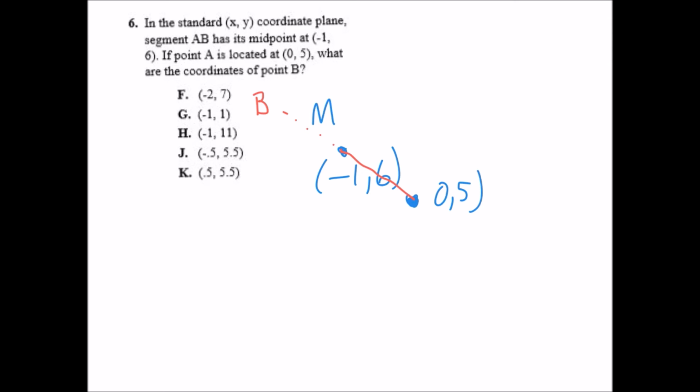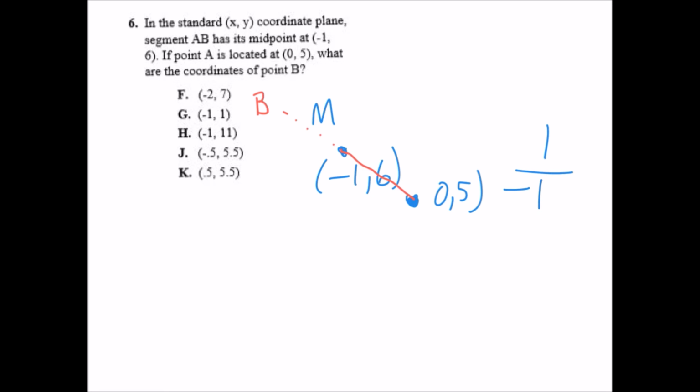In this case, the rise was we went from 5 to 6, so we had a rise of 1, and then we went from 0 to negative 1, so we had a run of negative 1.